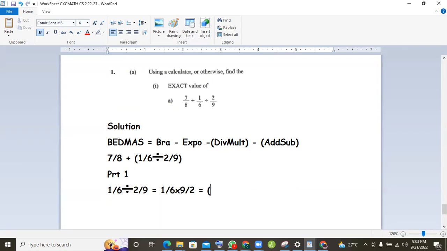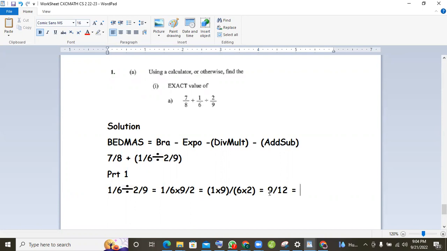Numerator times numerator, that's 1 times 9, over denominator times denominator, that's 6 times 2. One times 9 is 9, over 6 times 2 is 12. Can this fraction be simplified? Yes.